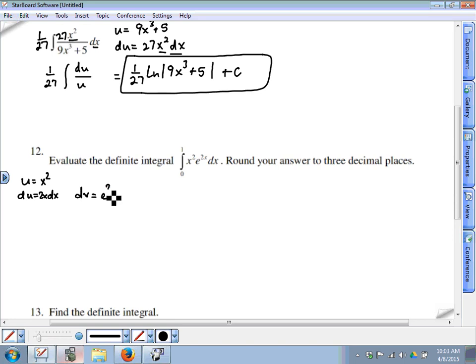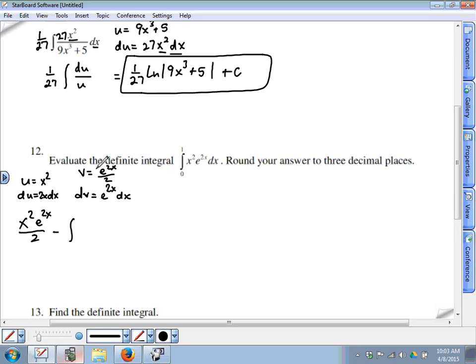dv then is e to the 2x dx. When you integrate that, you get e to the 2x over 2. So expanding that integral, we're going to have u, which is x squared times v, minus the integral of v.